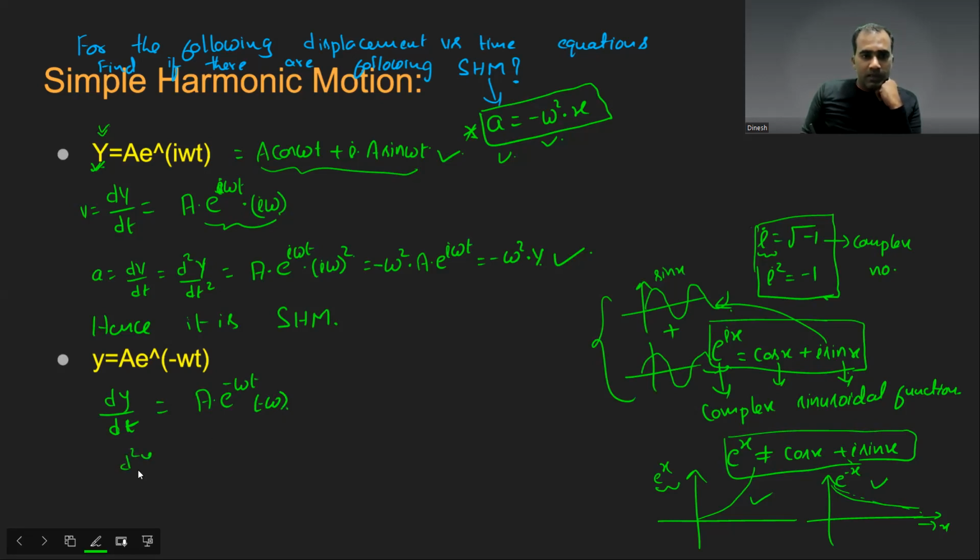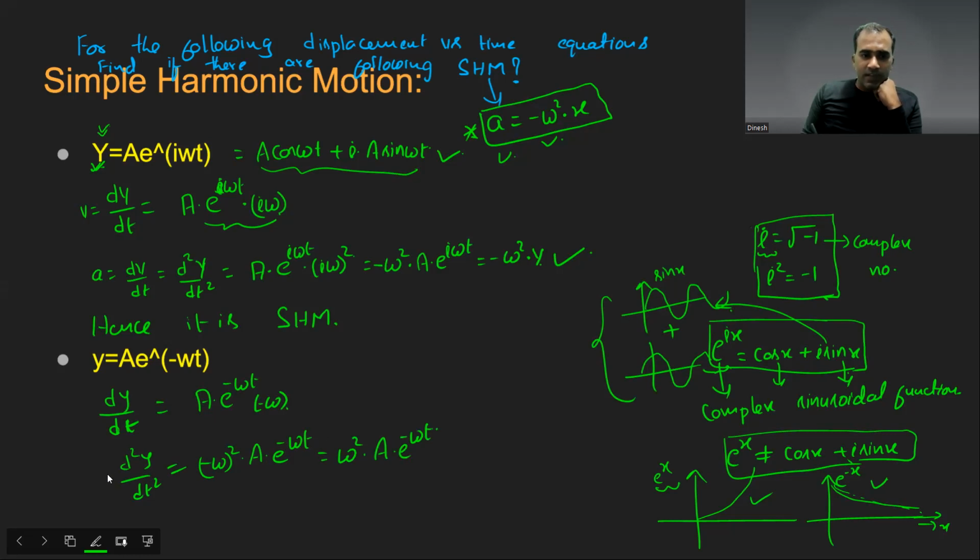And d square y by dt square is minus omega whole square, minus omega whole square into a into e power minus omega t. See this one, minus omega again will come. So it becomes plus omega square into a into e power minus omega t.